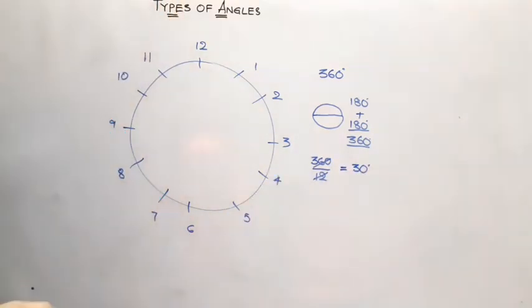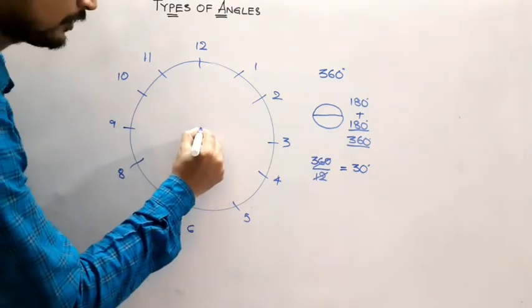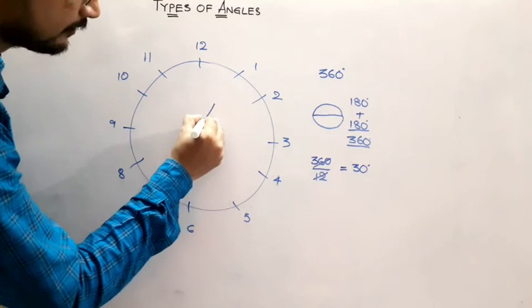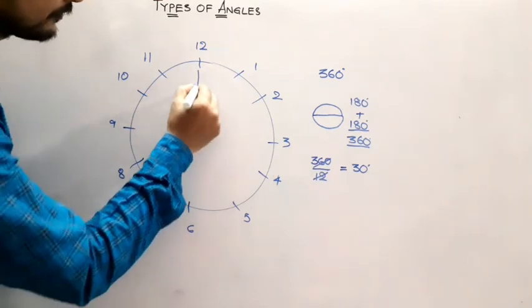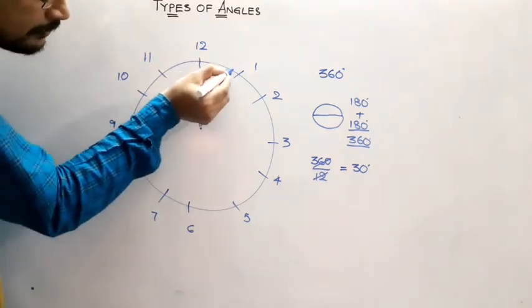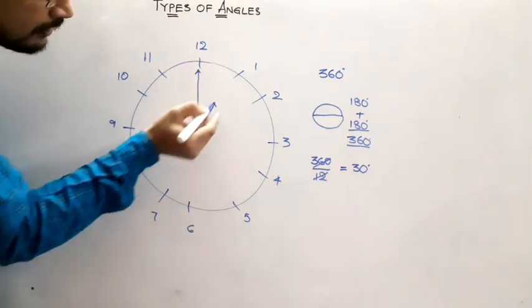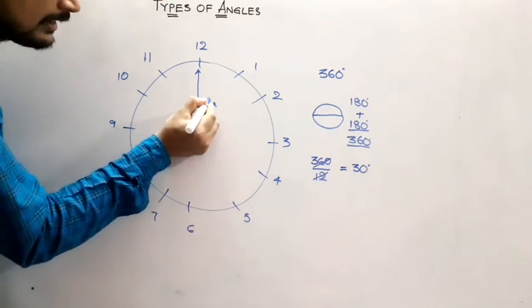If the short hand is here and the long hand is here, when someone asks you what is the angle between this division, that means 12 and 1, this angle will always be equal to 30 degrees.